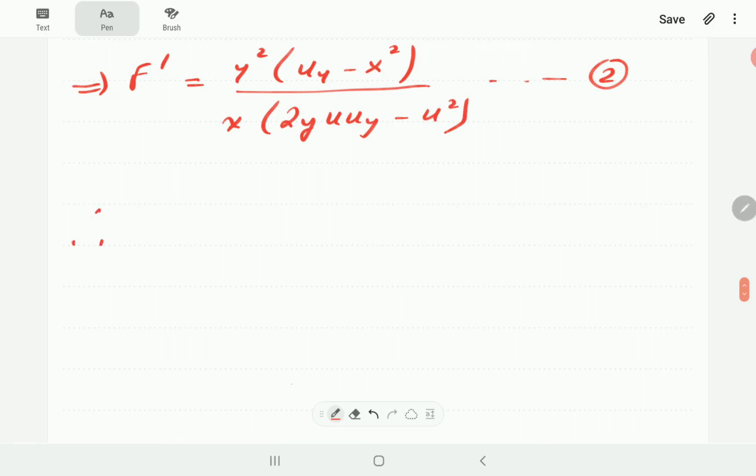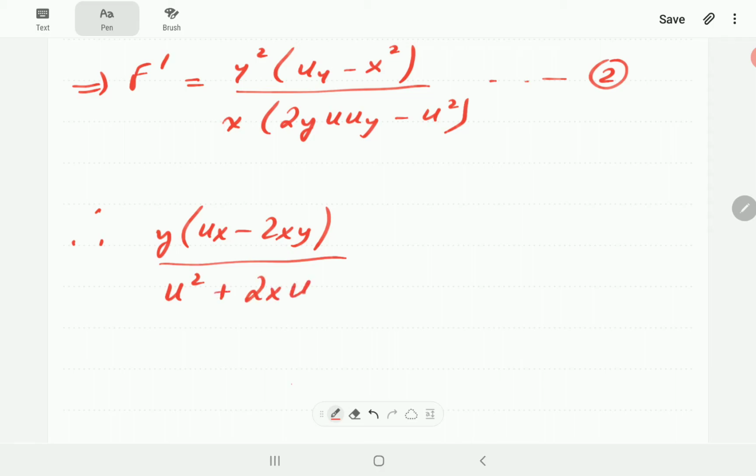So the first one is y into ux minus 2xy all divided by u squared plus 2 ux.